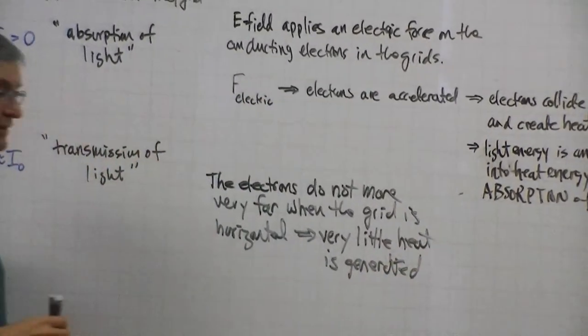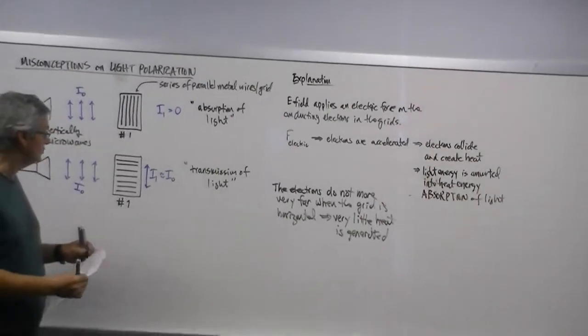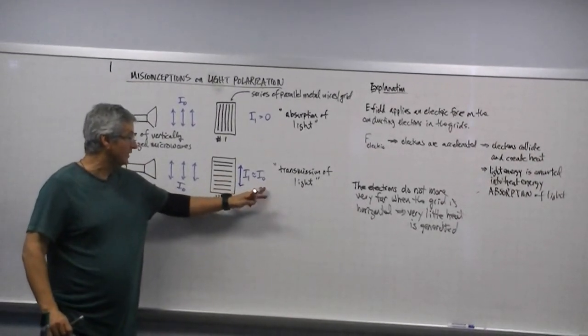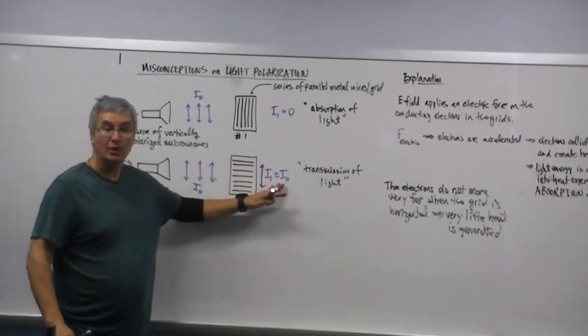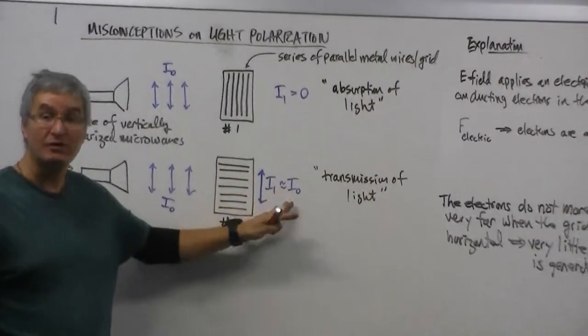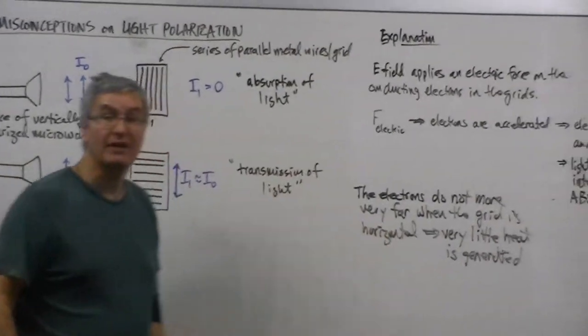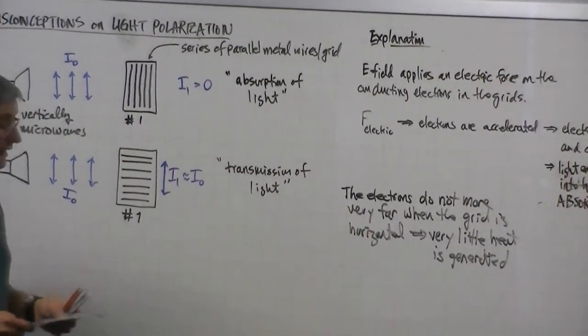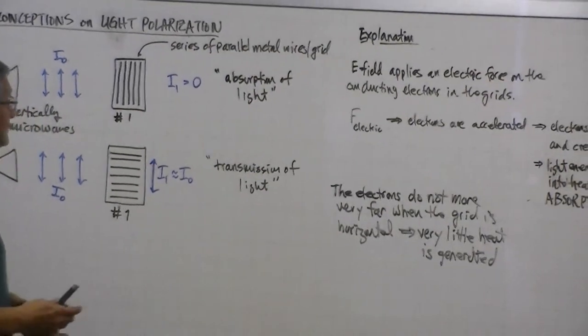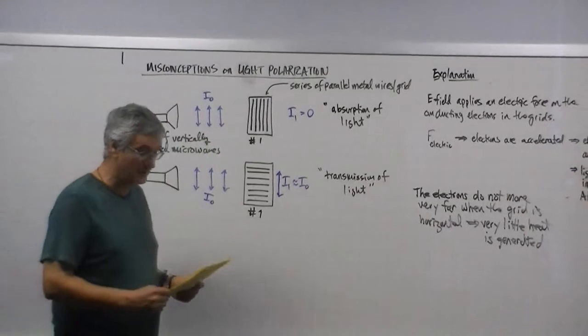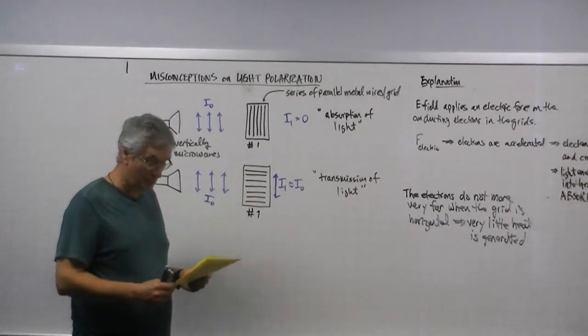Because very little heat is generated, the intensity after the polarizer is almost equal to the intensity before the polarizer. So we get transmission of light, and that tells us the polarization is just the opposite of what happens in mechanical waves.